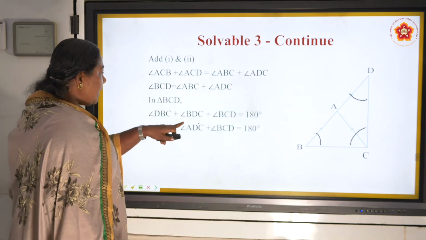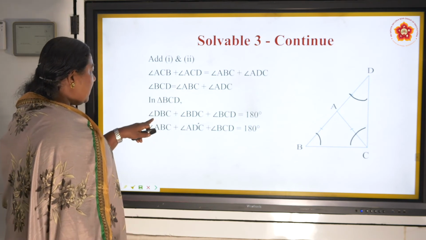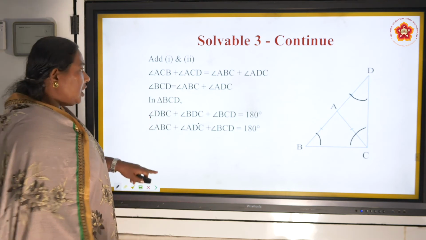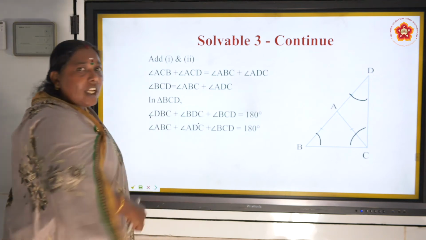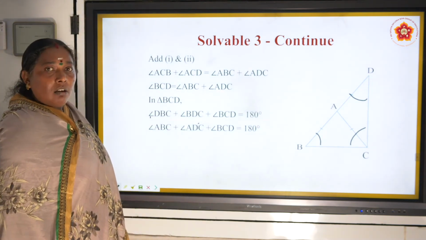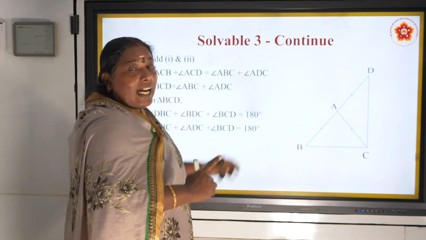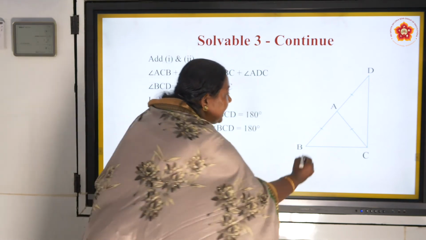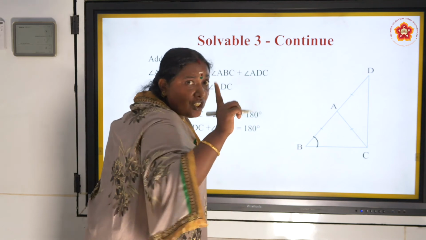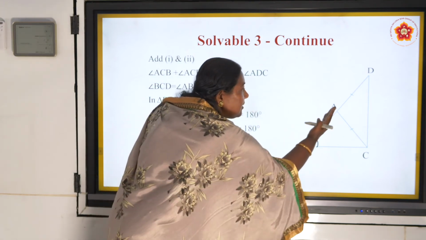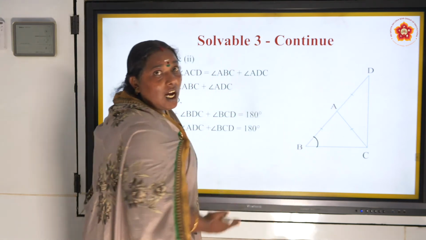Here I am changing that as ABC. Why? Here it is DBC. How can you change this as ABC? The angle never changes on the basis of the length of the arm.